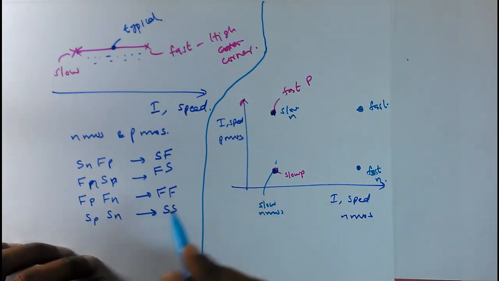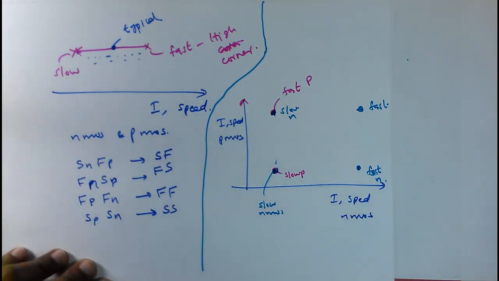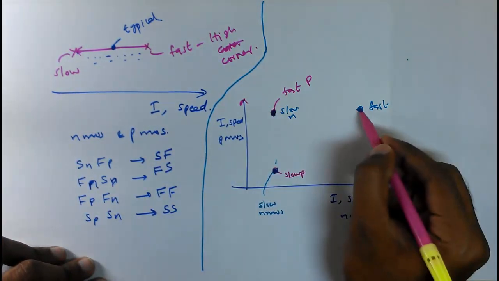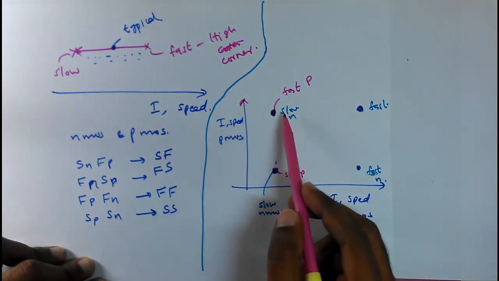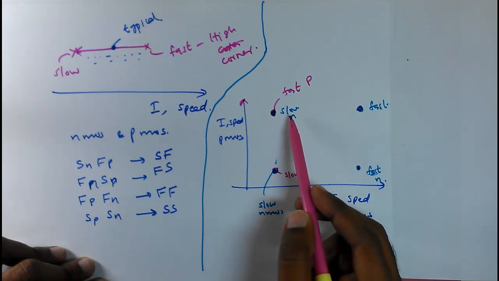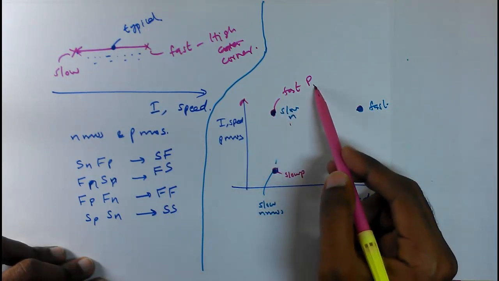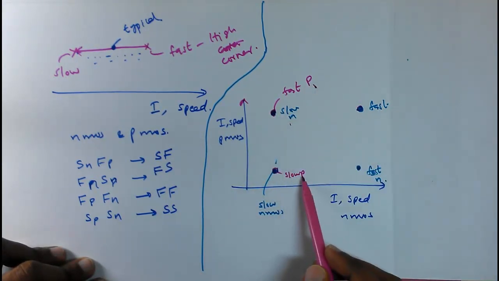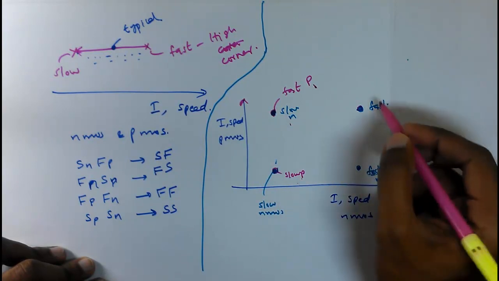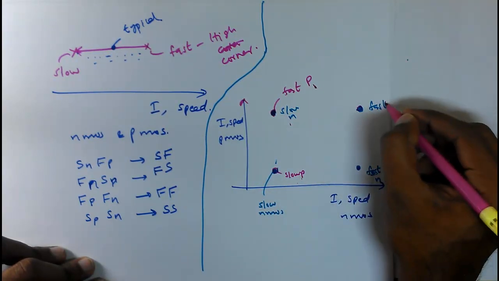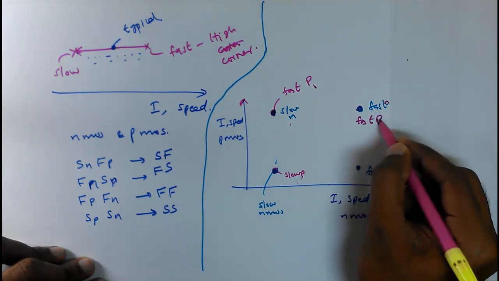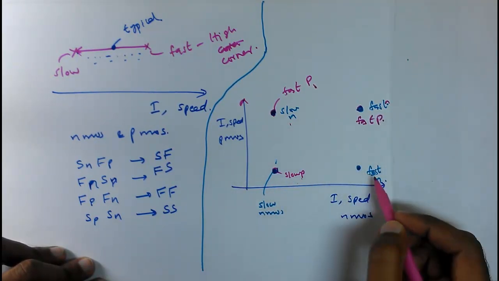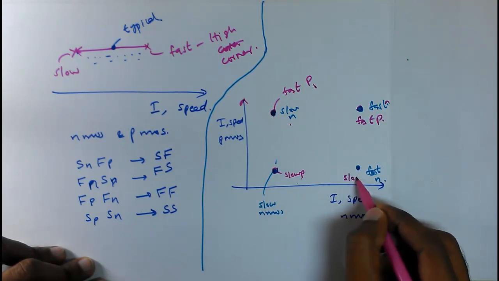So now we have 4 points. This corner is slow NMOS and fast PMOS. This is slow NMOS and slow PMOS. This is fast NMOS and fast PMOS. And this is fast NMOS but slow PMOS.